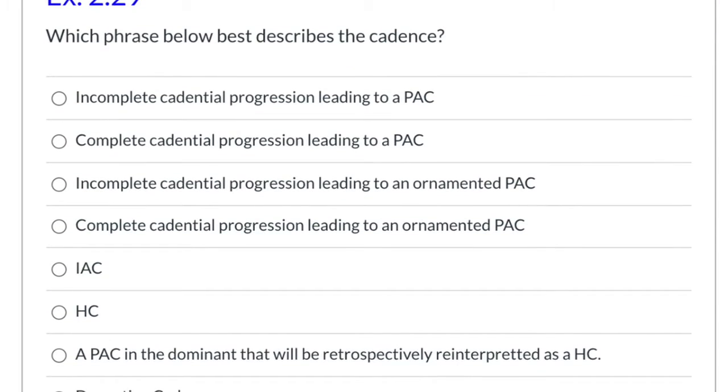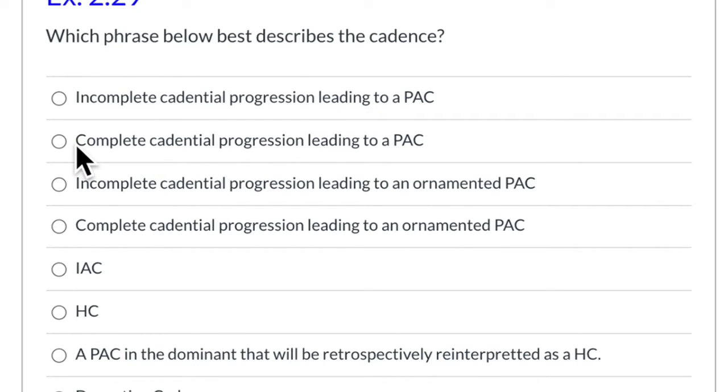The next question has to do with the cadence, and there's a variety of options here. Let's look at them in pairs. The first two, incomplete or complete cadential progression leading to a perfect authentic cadence. The variable here is incomplete or complete. This refers to the harmonic function of the Roman numerals in the cadential progression.